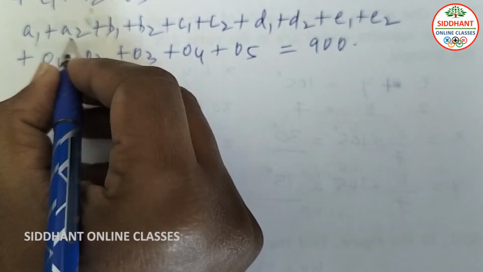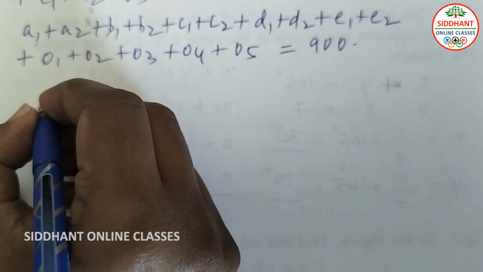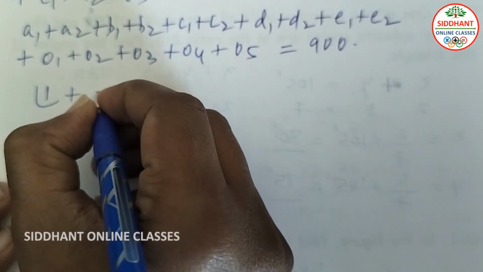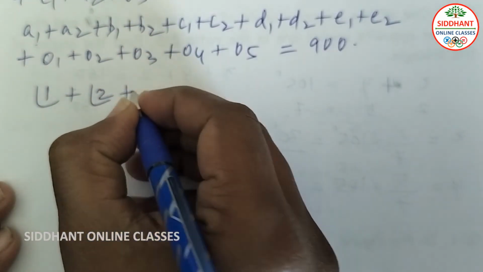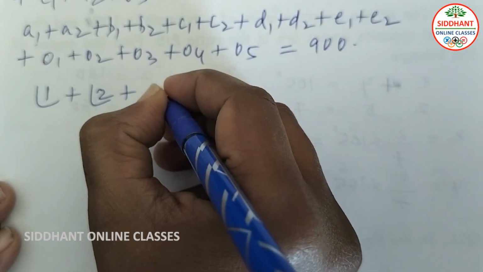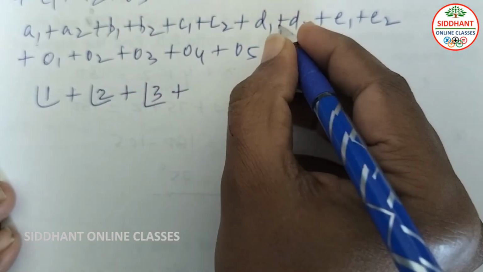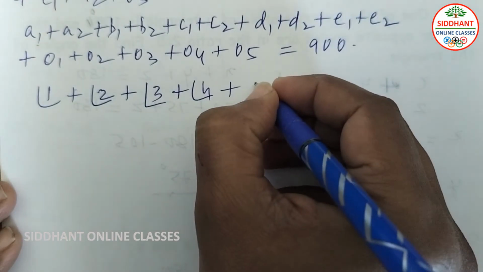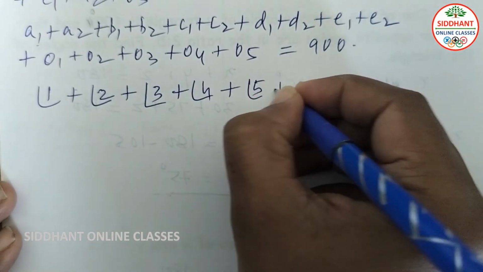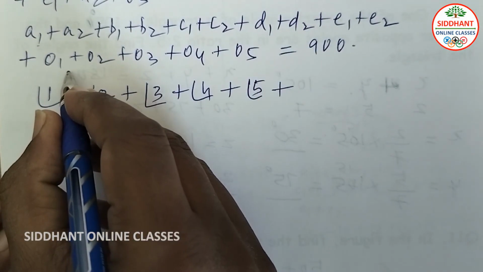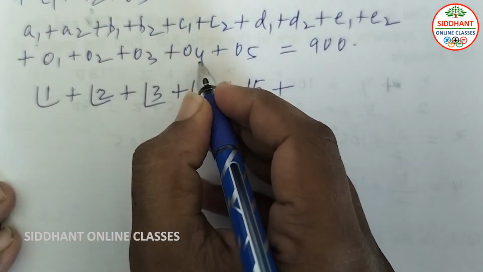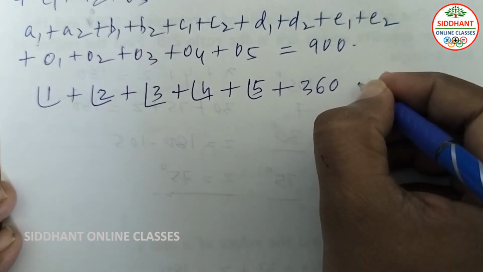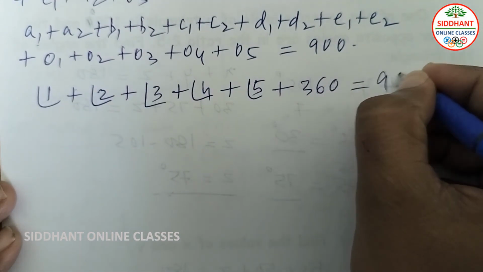Now we know A1, A2 is angle 1, B1, B2 is angle 2, C1, C2 is angle 3, D1, D2 is angle 4, E1, E2 is angle 5, and O1, O2, O3, O4, O5 combined we will get 360 degrees, and that will be equal to 900.